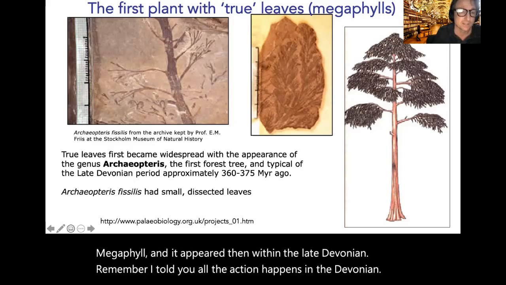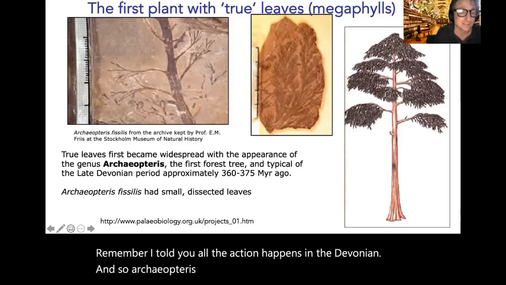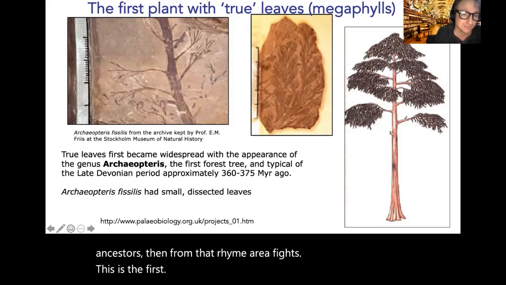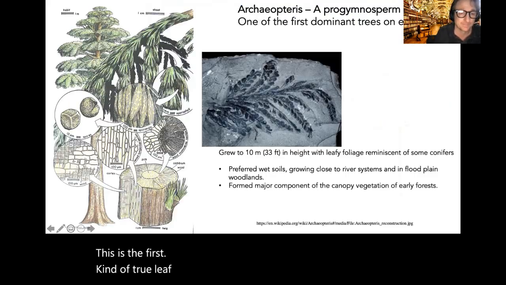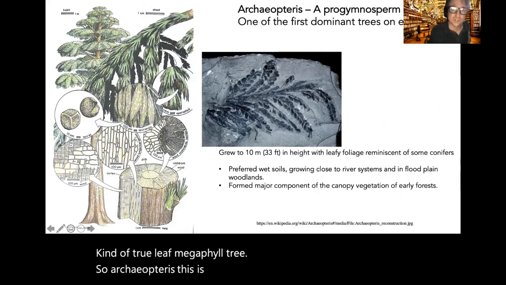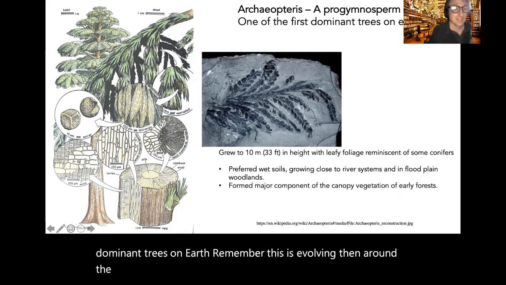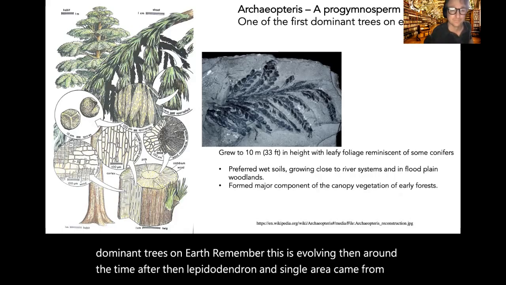Archaeopteris descended from a line of ancestors from the Trimerophytes. This is the first true leaf megaphyll tree. Archaeopteris is a pro-Gymnosperm, one of the first dominant trees on Earth. Remember, this is evolving around the time after Lepidodendron and Sigillaria, from the microphyll line of evolution.